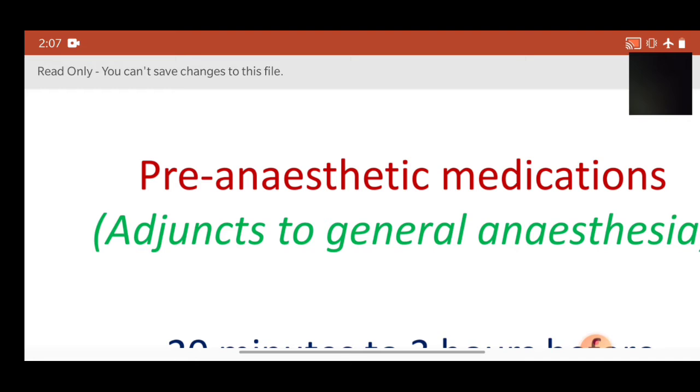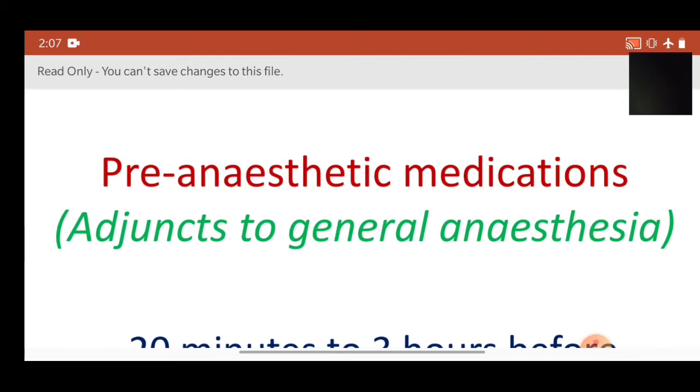These pre-anaesthetic medications are also called adjuncts to general anesthesia.